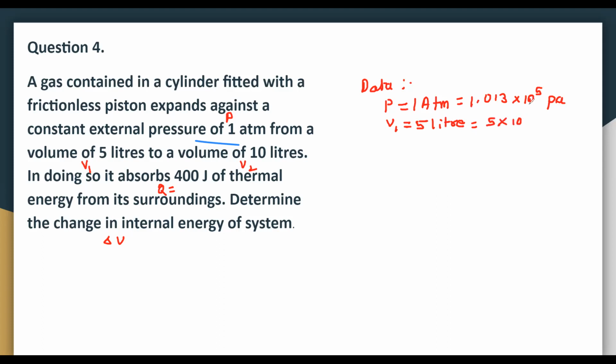So liter to meter cube, we need to multiply it with 10 raised to minus 3. Then similar way for V2, 10 liter. So 10 into 10 raised to minus 3. Then Q is given, that is 400 joule.